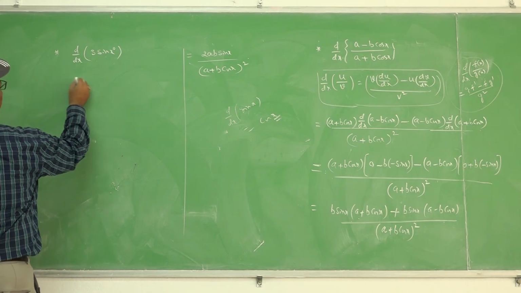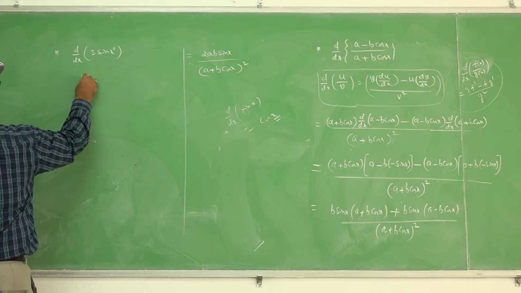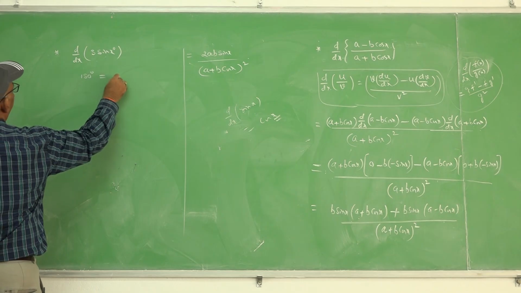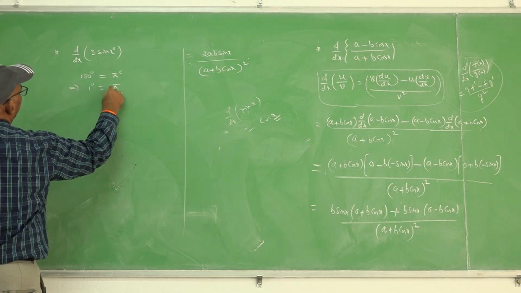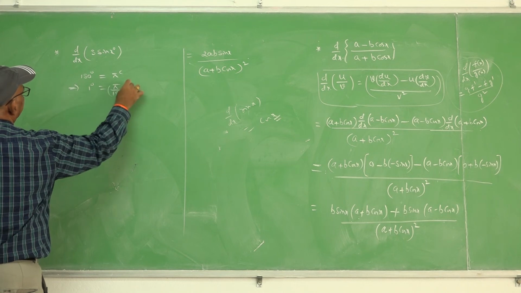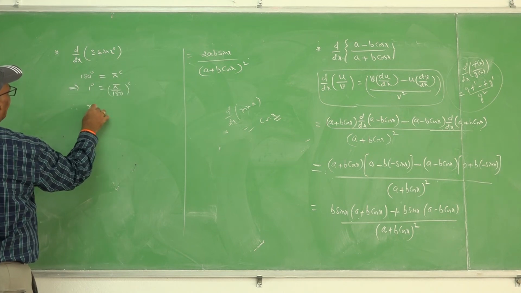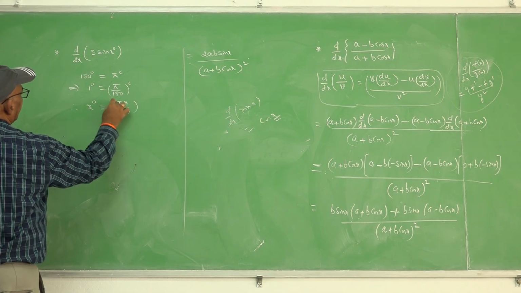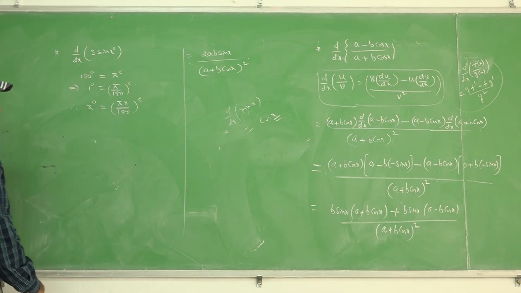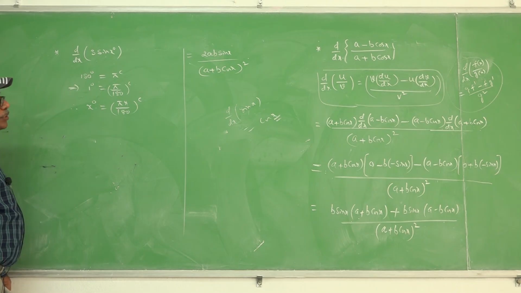We know that 180 degrees equals pi radians. So, 1 degree takes the value pi by 180 radians. Hence, x degrees is pi x by 180 radians. I am just converting x degrees in terms of radians.